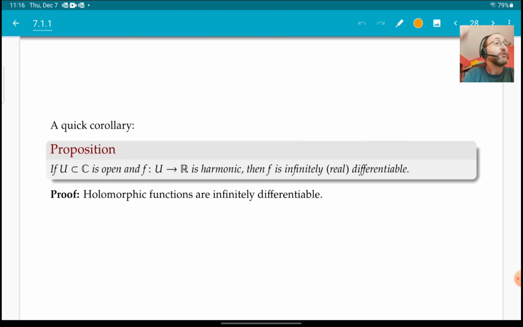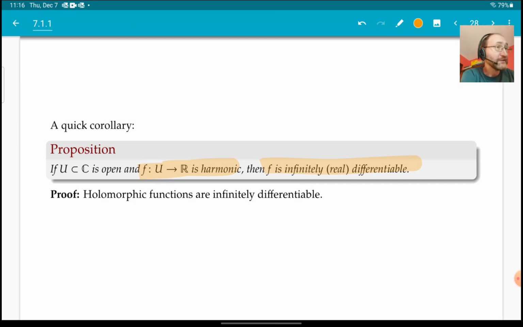All right, now one corollary of that, which is immediate, is that if I have a harmonic function, then it's actually infinitely real differentiable, right? I mean, it's the real part of a holomorphic function. A holomorphic function is infinitely differentiable, real differentiable and complex differentiable, both.